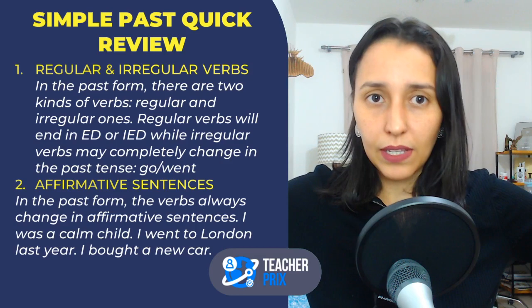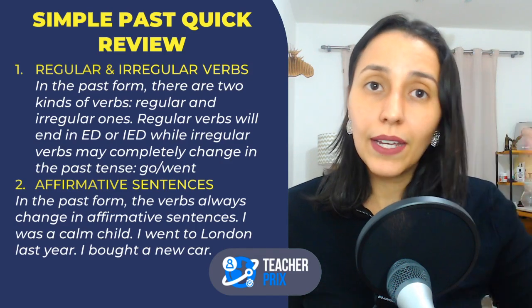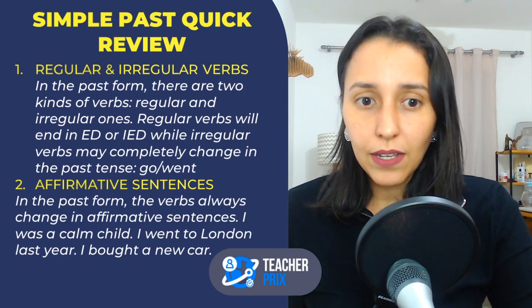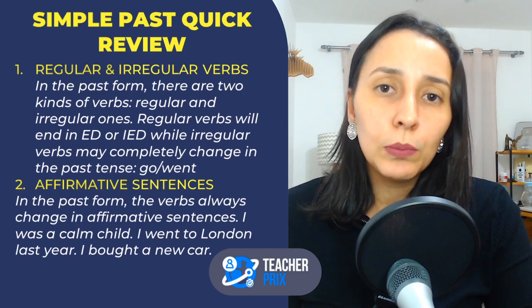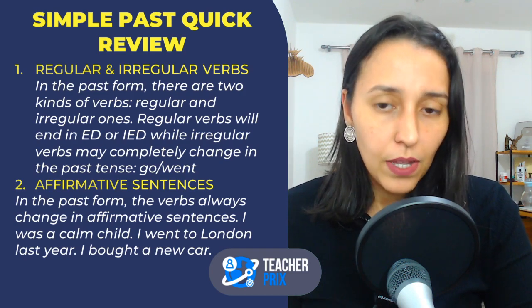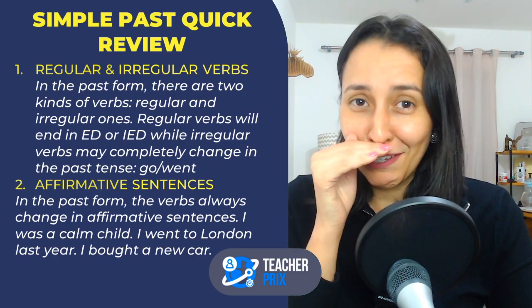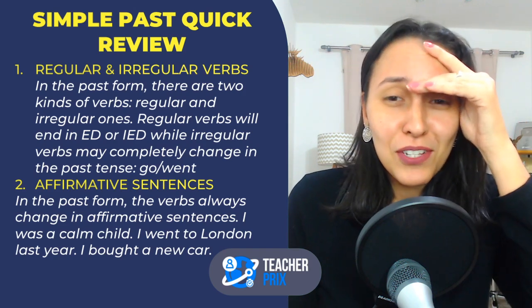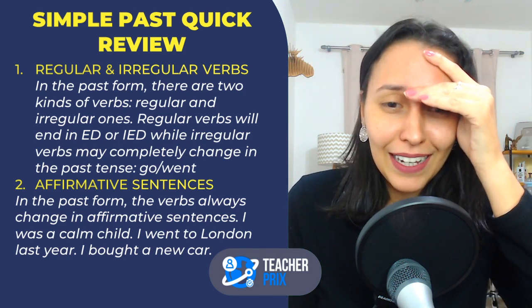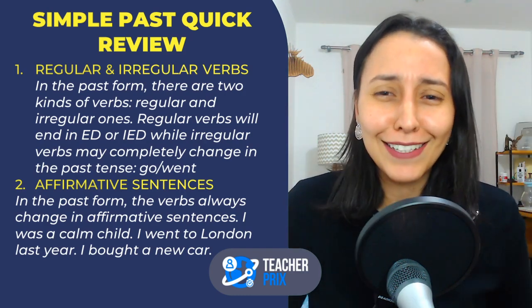This is an affirmative sentence. If I do that in the past, that's when I have to change my verb, okay? So in the past tense, my verb changes, okay? So I had a burger for lunch. I know, I'm embarrassed. I should have eaten healthy food, but I ate a burger, a delicious burger and French fries.